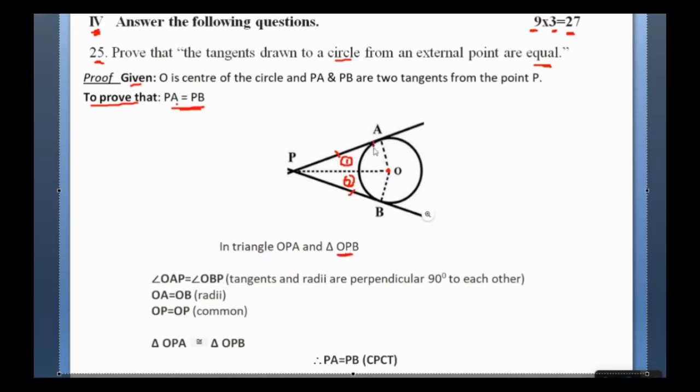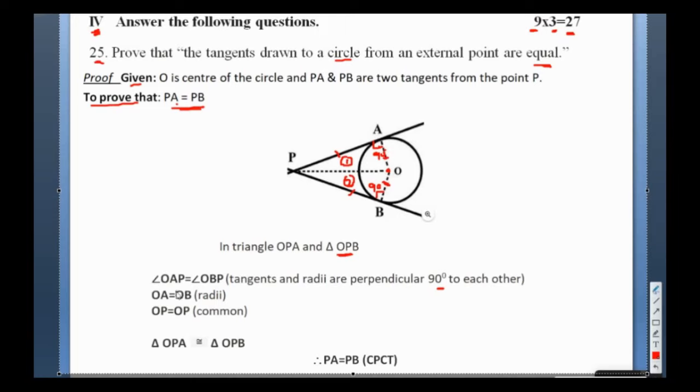These two triangles OAP and OBP have equal angles because the radius and tangent are perpendicular to each other. Perpendicular means making an angle of 90 degrees. So in this triangle 90 degrees and in this triangle 90 degrees, both are equal. We know the reason: tangents and radii are perpendicular to each other. And OA in the first triangle is equal to OB in the second triangle because OA and OB are radii.